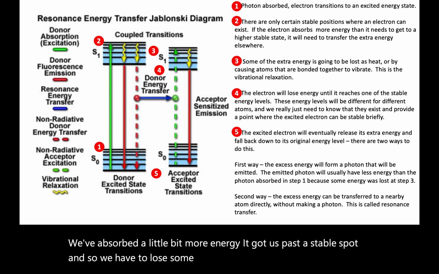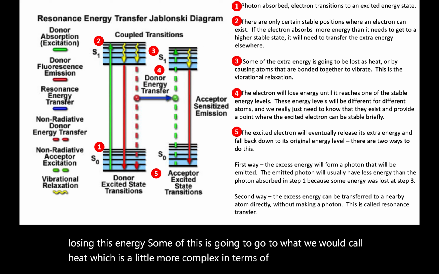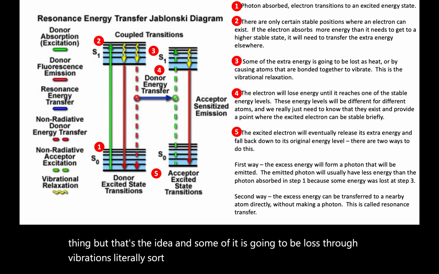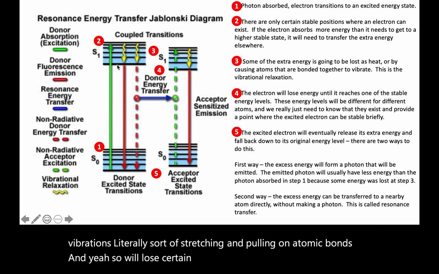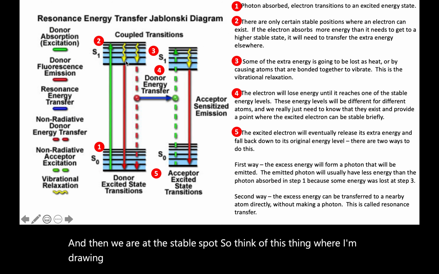Step 3 is we're losing this energy. Some of this is going to go to what we would call heat, which is a little more complex in terms of the physics, but that's the idea. And some of it is going to be lost through vibrations, literally stretching and pulling on atomic bonds. We'll lose certain amounts of energy here, and then we are at the stable spot. Think of the line I'm drawing across the screen right there. That's our stable position.